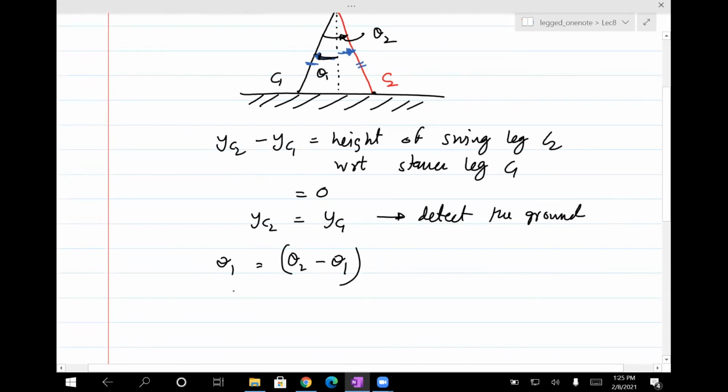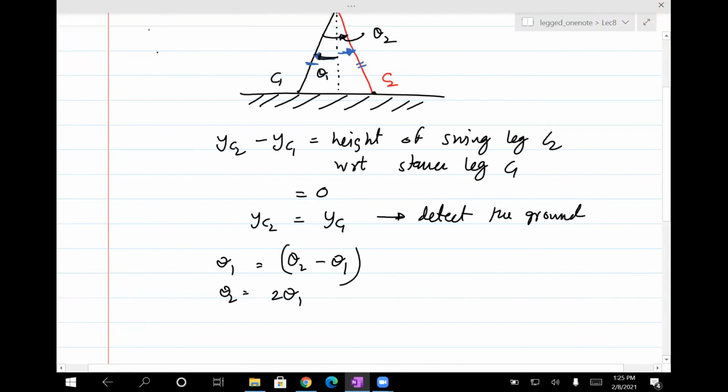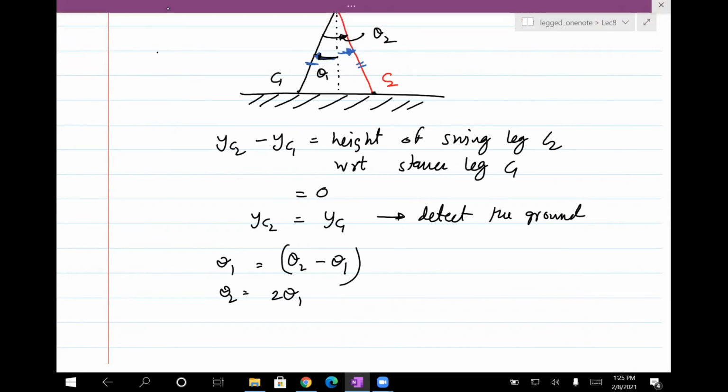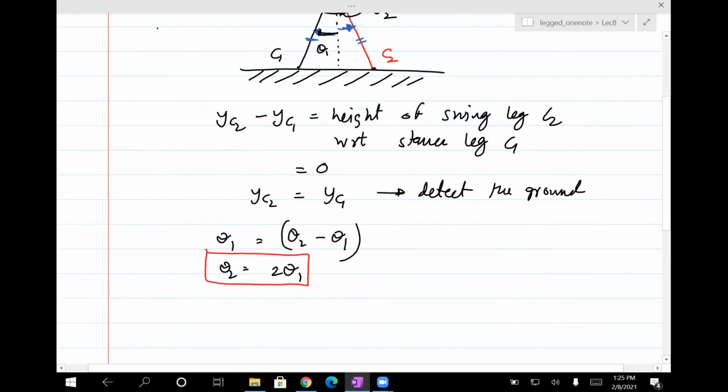In other words, theta 2 is twice theta 1. So this is the condition for when we detect the ground. It's much simpler than doing this, but if you have a complicated robot with feet and all, you might want to do yc2 minus yc1 equal to 0.